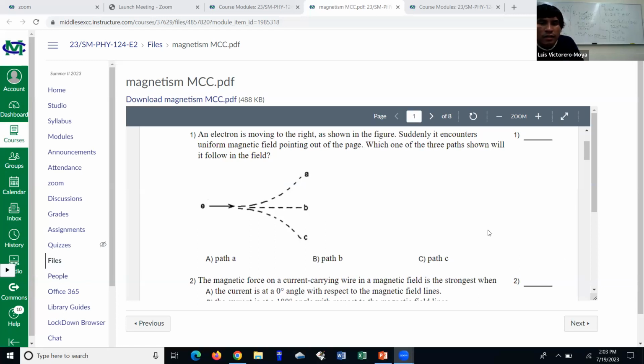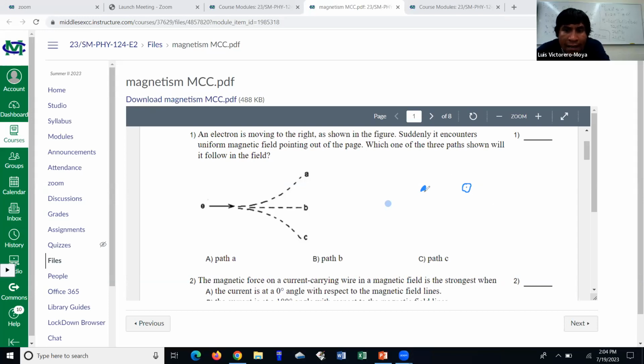So, let's see if I can do it here. You have an electron, right? And if the field is pointing out of the page, that means that there is a field which is like this, pointing towards you.